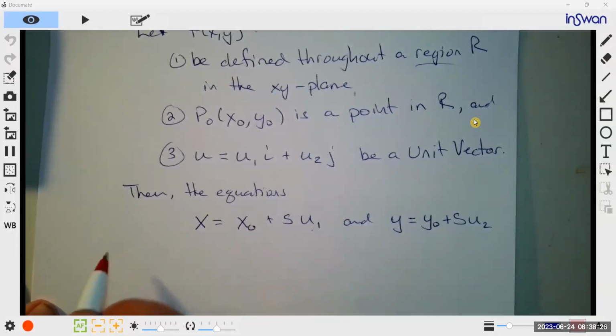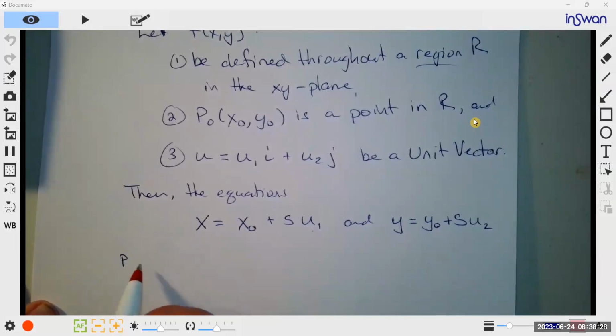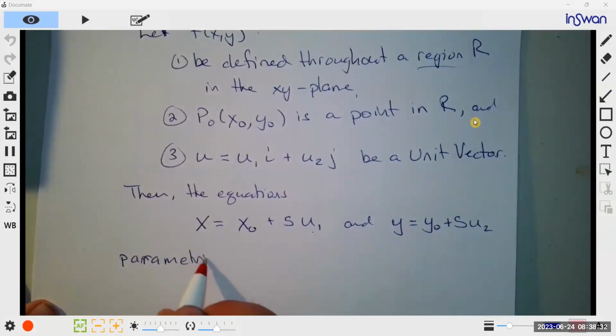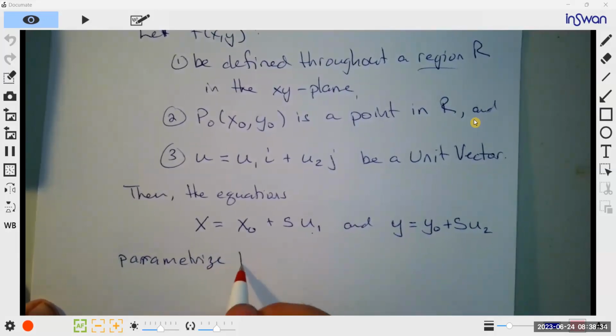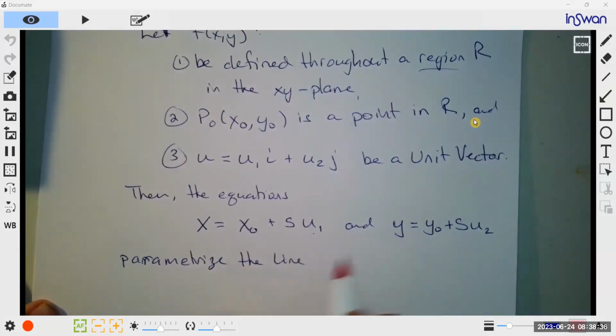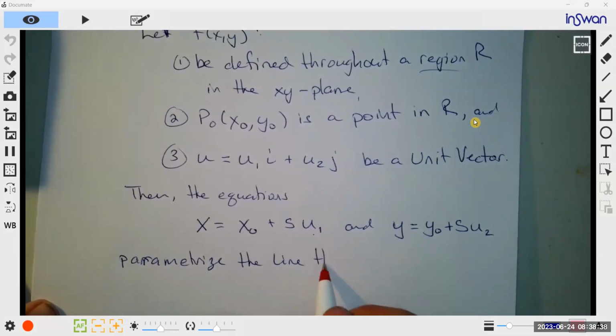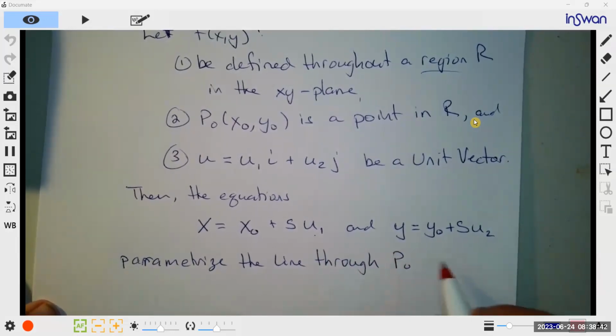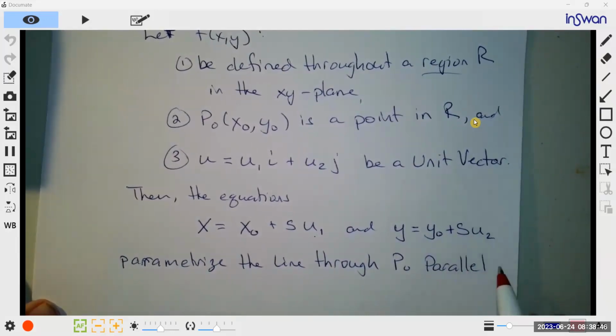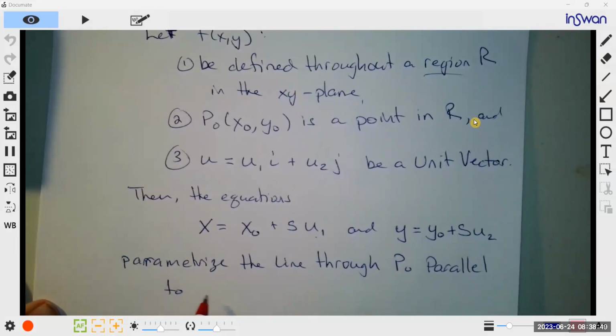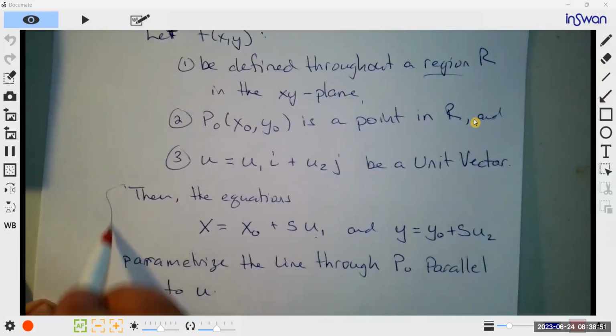And those equations parameterize the line through p sub 0 parallel to u. This is the important part.